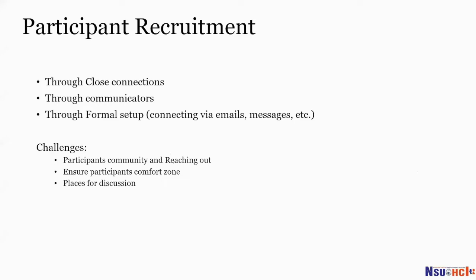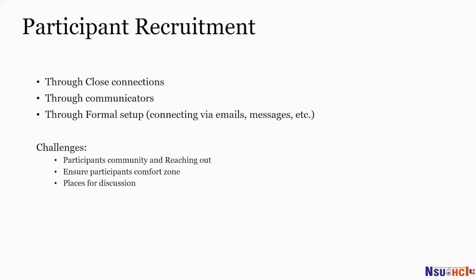Ensuring a comfort zone and places for discussion is another thing, because you have to sit somewhere to talk with the participants. It cannot be a public place, because you have to discuss more confidential things.